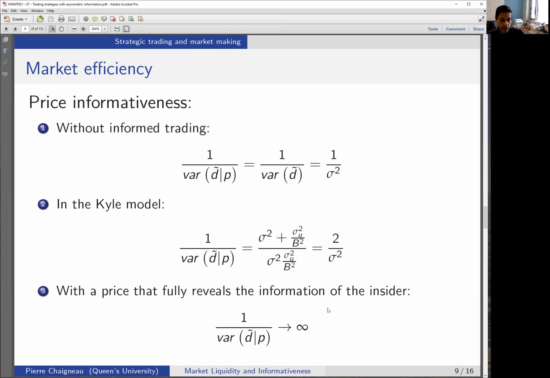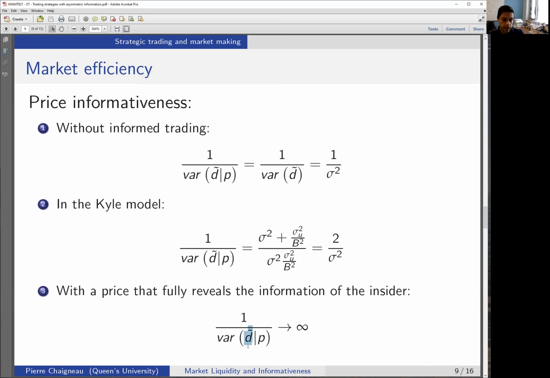Now there's the other extreme case in which somehow the price will fully reveal the information of the insider. If that were the case, then there would not be any uncertainty left, right? Because the insider fully knows the realization of d tilde.